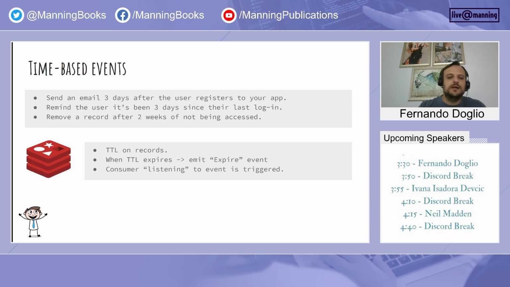Whenever you update that record, you update the flag, and then that flag's time to live is reset. But if it's been 2 weeks without accessing the record, then that flag will expire and your trigger will be sent. And then your logic can remove that record.